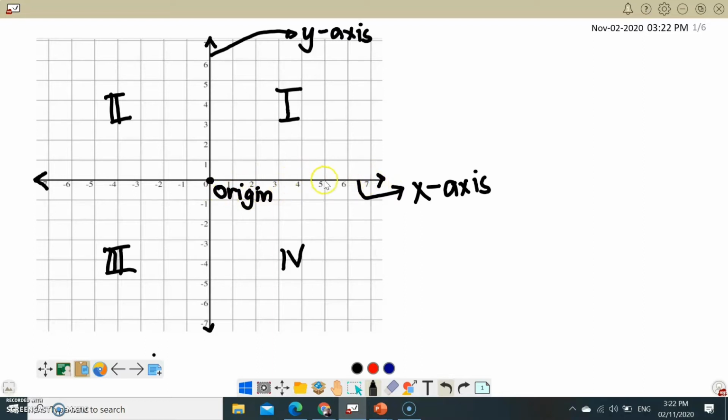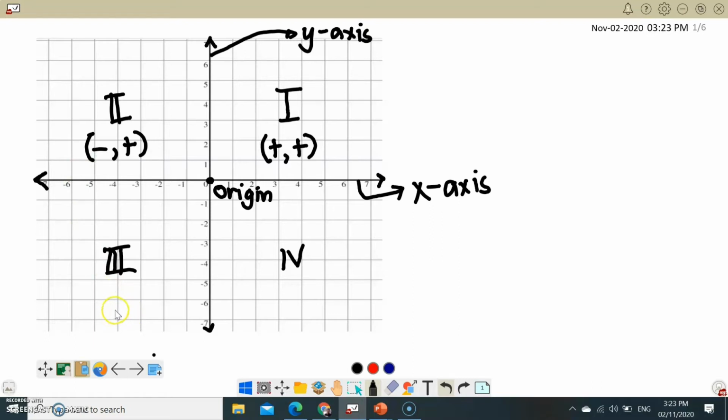As you can see, all are positive. So the values of x on the first quadrant are positive, and the values of y on the first quadrant are also positive. On the second quadrant, the values of x are negative, and the values of y are positive.